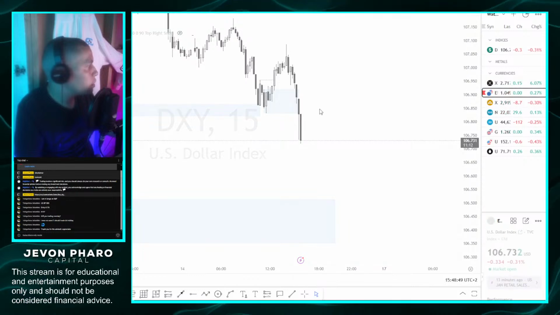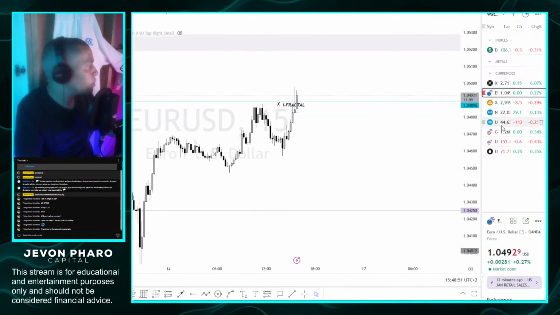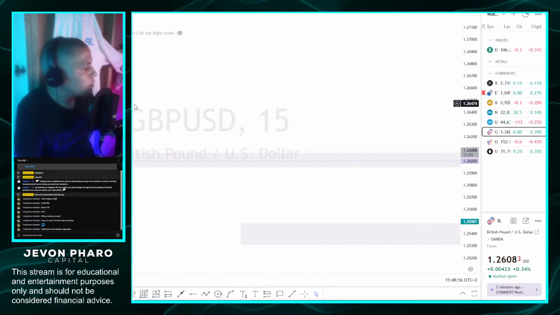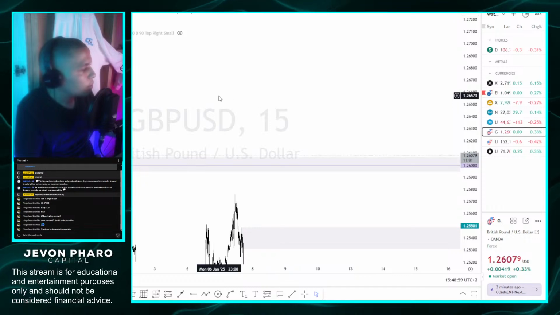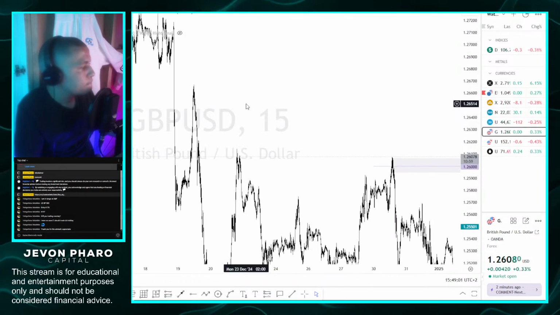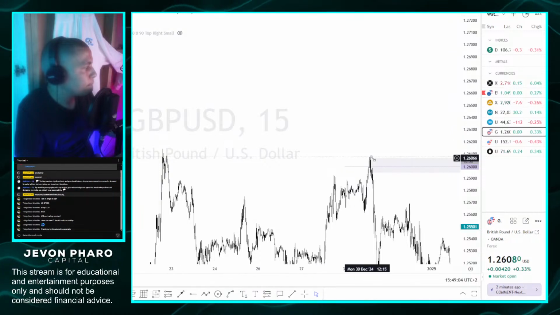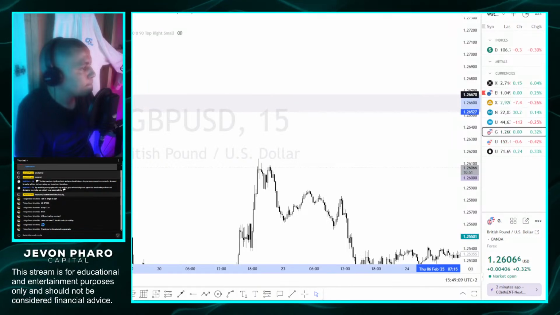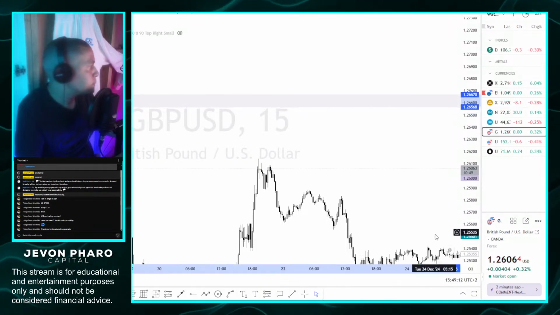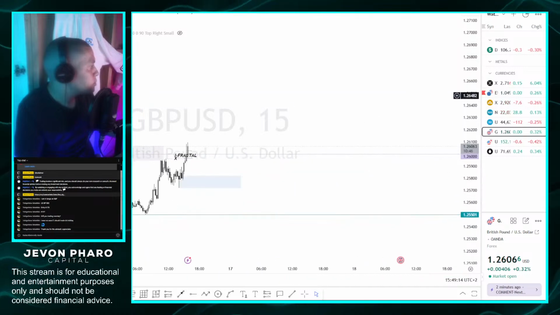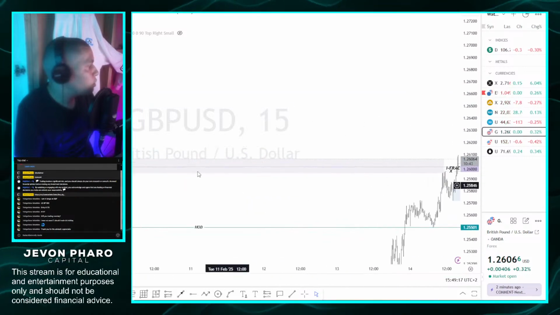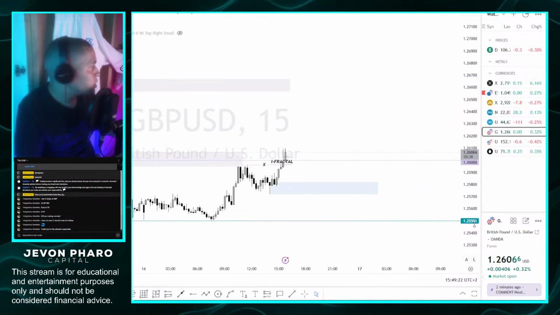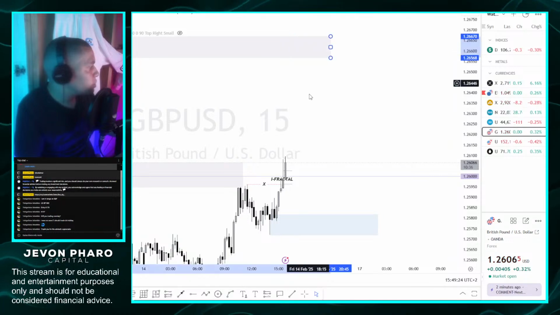I think that will line up with that zone on EU up there. So then GU should also have another zone if I'm not mistaken. Yeah, it's a long. Oh, it's not that far. It's quite a distance, like 50 pips.